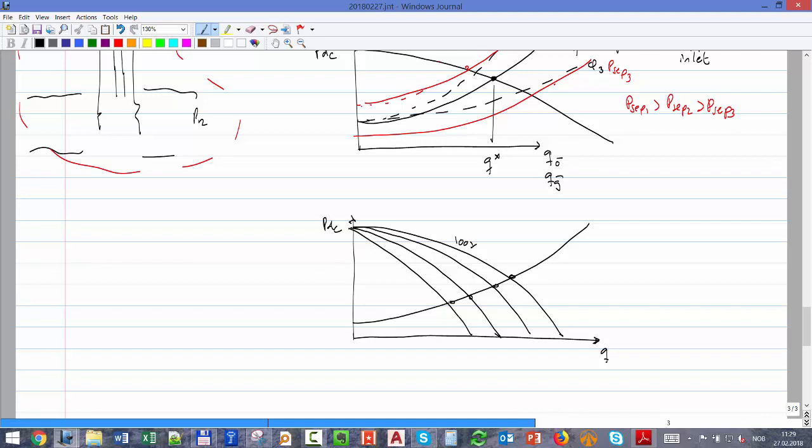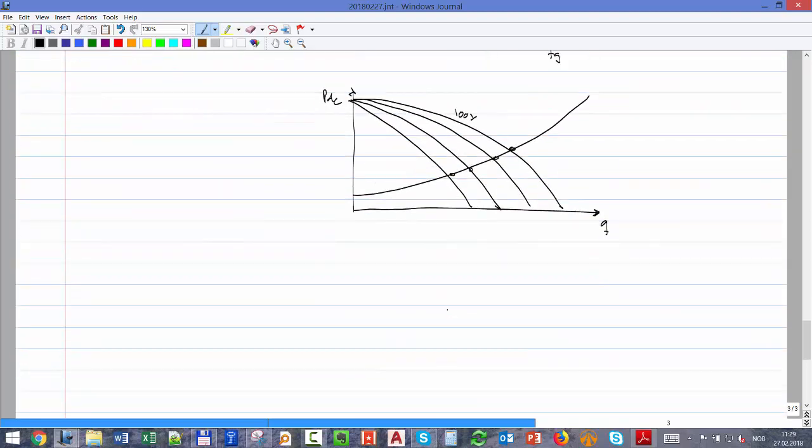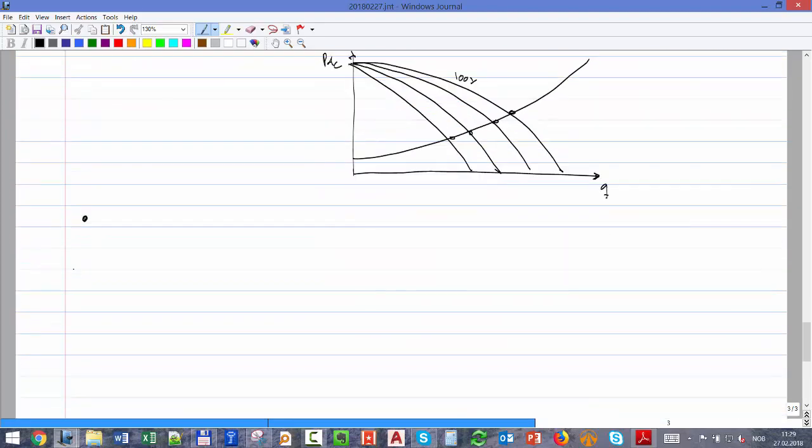Okay, if that is clear, let's make another experiment. I hope this helps at a later stage. Now let's make an experiment where I'm plotting. I'm going to remove the choke from the system. Actually, I'm going to assume open choke.